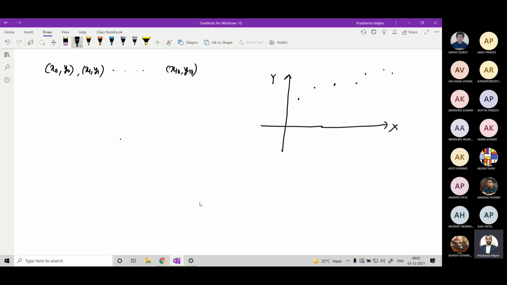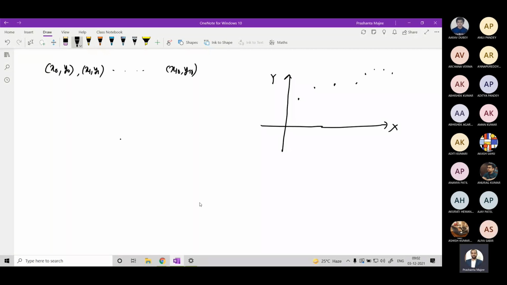How many points have I plotted? 1, 2, 3, 4, 5, 6, 7, 8, 9, 10, 11. From there you cannot immediately identify the relationship between time and temperature. But you can draw a curve passing through all the data points, and treat that as a relationship between time and temperature.